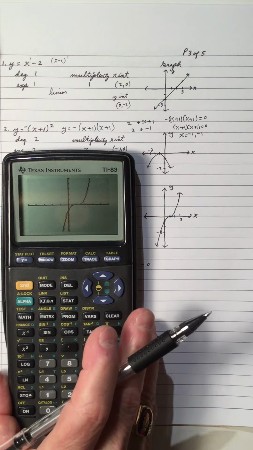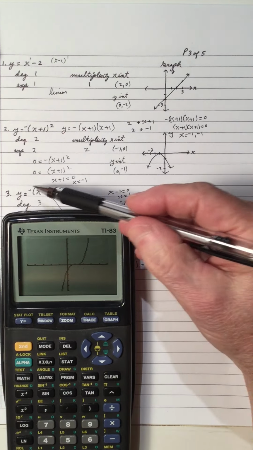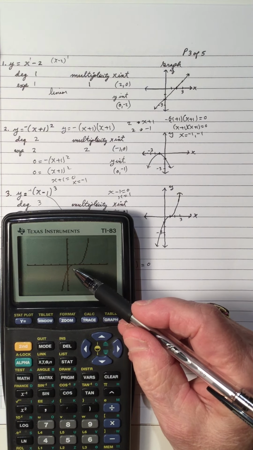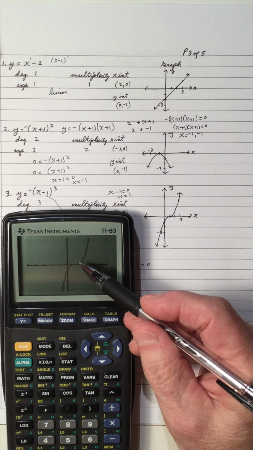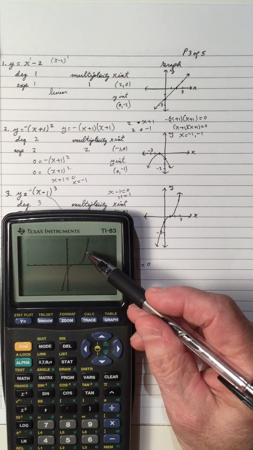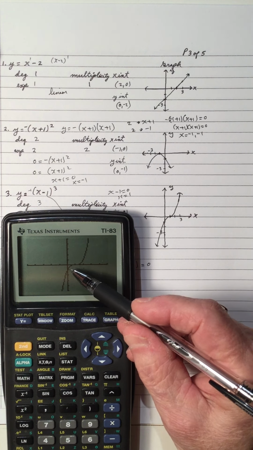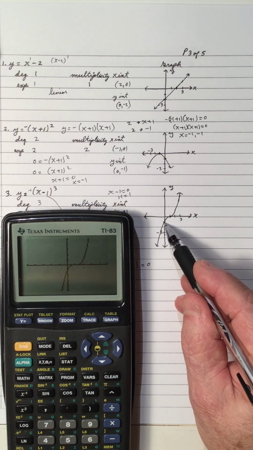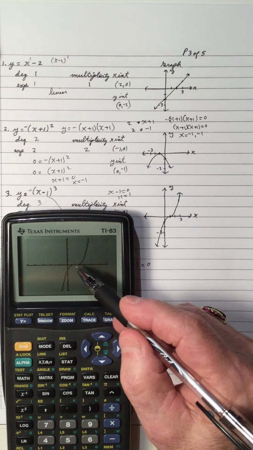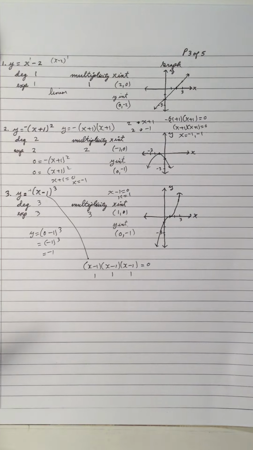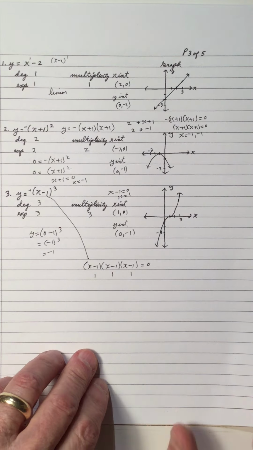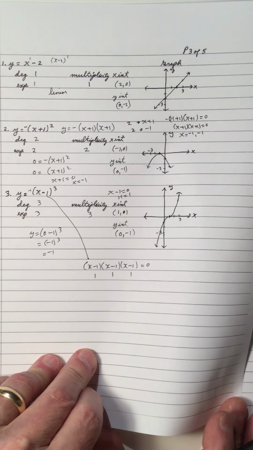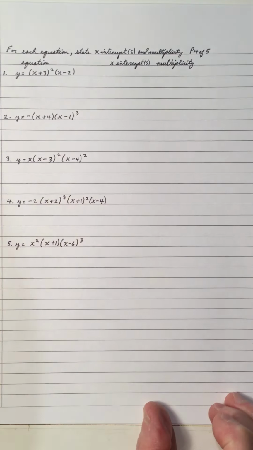It's opening up from the intercept of 1. And there's a sideways S coming down there, going sideways. And it comes down to the y-intercept of negative 1. So the multiplicity is related to the degree of that binomial, x minus b.